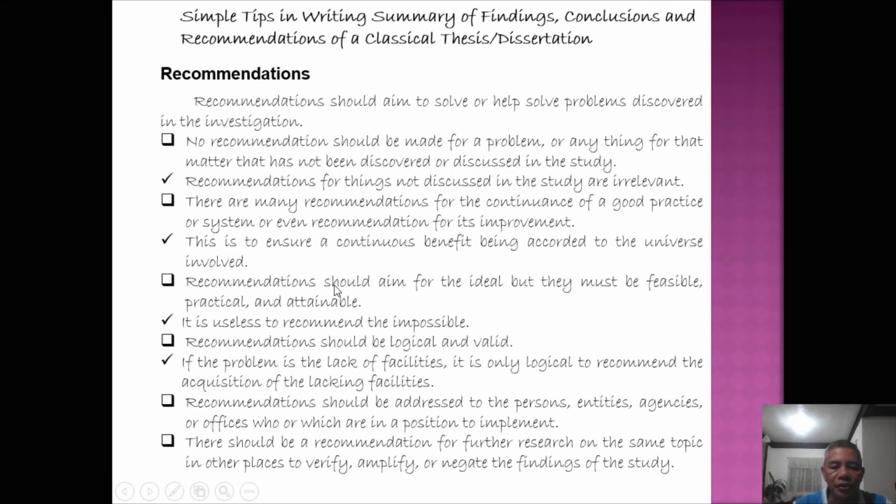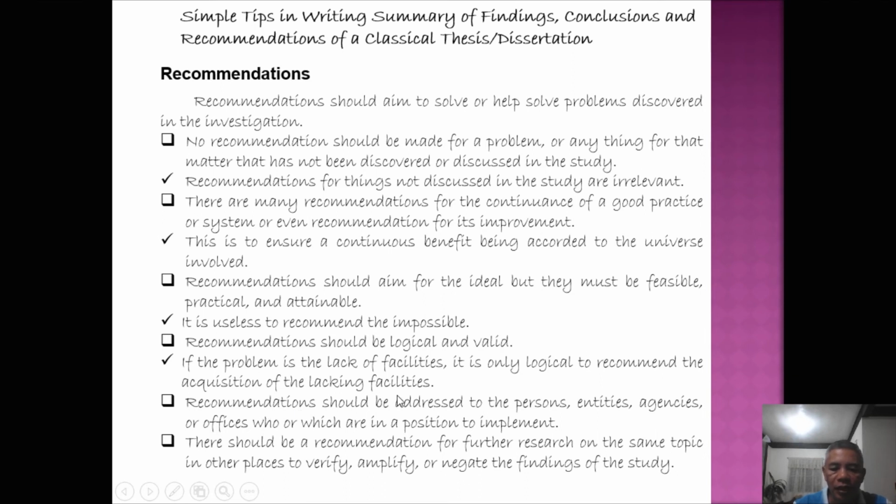Recommendations should aim for the ideal, but they must be feasible, practical, and attainable. It is useless to recommend the impossible. Recommendations should be logical and valid. If the problem is the lack of facilities, it is only logical to recommend the acquisition of the lacking facilities.